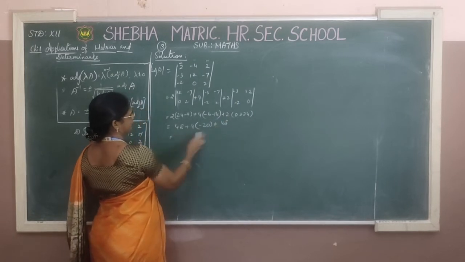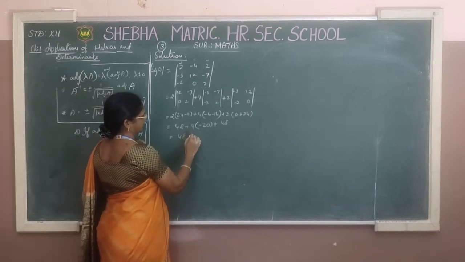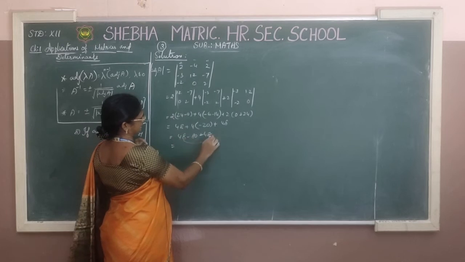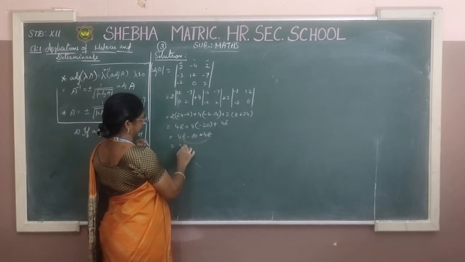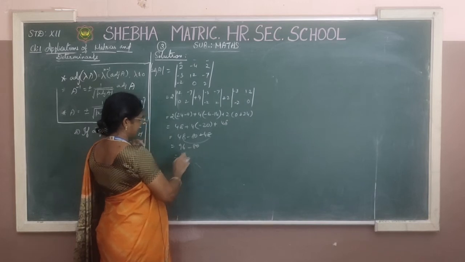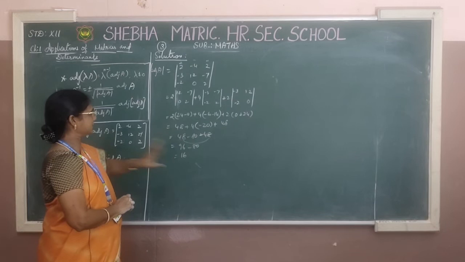So, 48 plus 48 what? So, you have to write one more line, 48 minus 80 plus 48 is equal to, first add these two, we get 96. Yes, minus 80 we get what? Plus 16. Okay, our determinant value is plus 16.